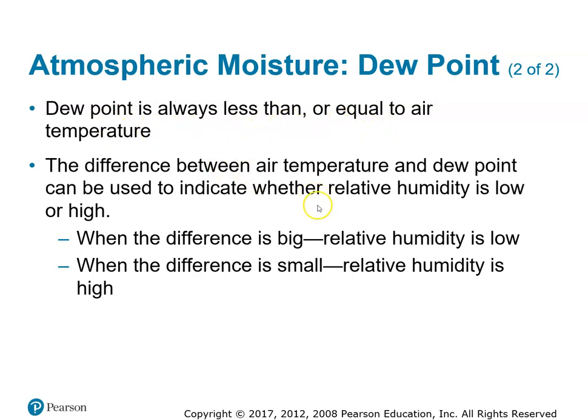But if it's equal, you're not talking about low humidity. When the dew point and the temperature are close together, or the same number, that's when you have high relative humidity, right? So when it feels very muggy out, that's high humidity, and of course the dew point is a certain temperature where condensation can occur.